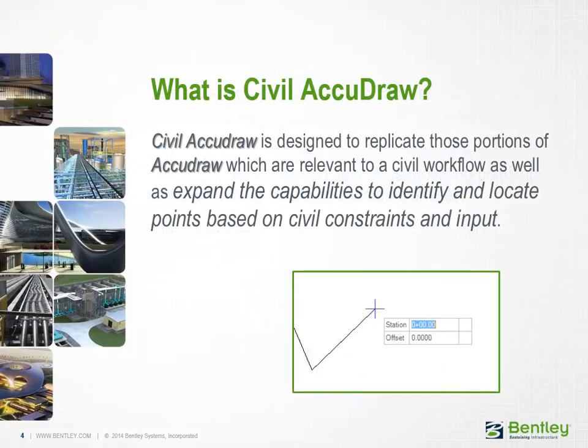So what is Civil AccuDraw? Well, Civil AccuDraw is designed to replicate those portions of the MicroStation AccuDraw command which are relevant to a civil workflow, at the same time expanding those capabilities to identify and locate points based on civil constraints and civil input.